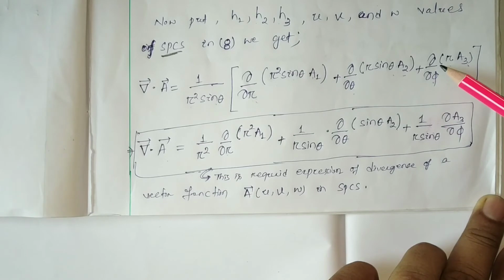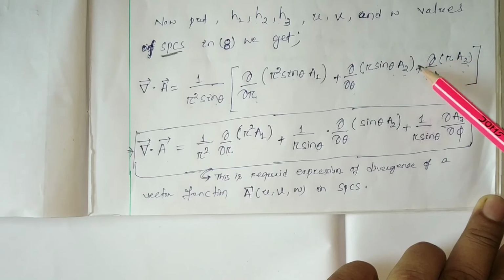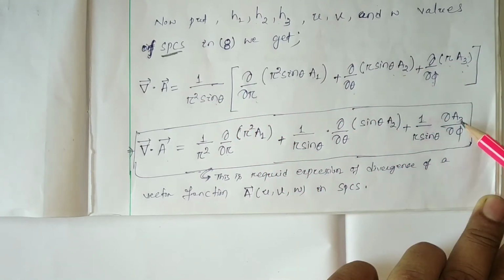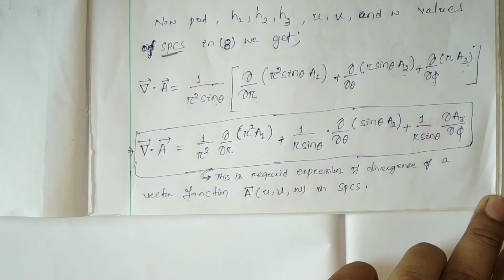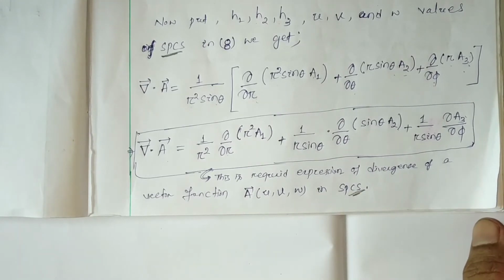Now again 1 by r square sin theta multiplied with this term will be this one, because here r is constant, it is del by del phi of this one, so r is taken outside and cancelled, and we found 1 by r sin theta del by del phi of a3. This is the required expression of divergence of a vector function in SPCS.